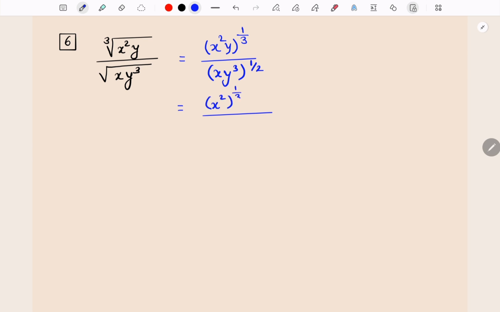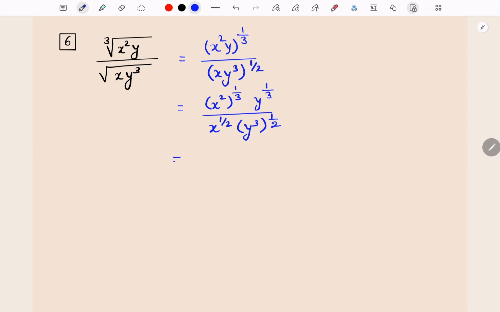So, x squared raised to the power of 1 over 3, and this y will also have the same power of 1 over 3. With the same logic in the denominator, we will have x raised to the power of 1 over 2 and y cubed raised to the power of 1 over 2.